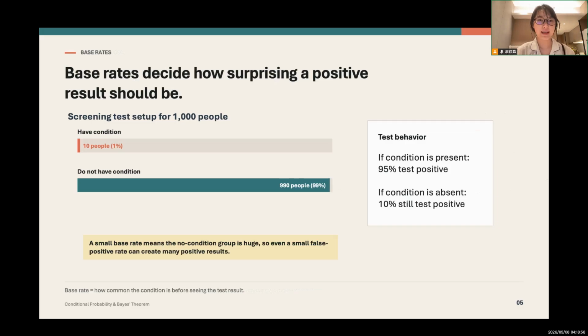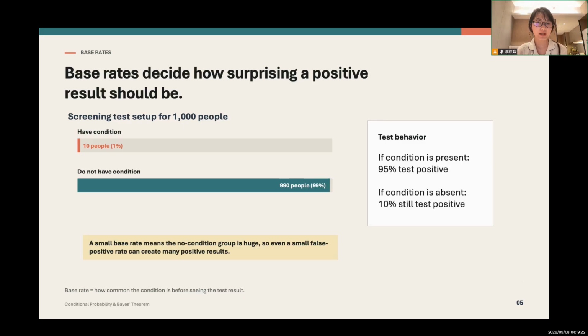Now suppose the test behaves like this. If someone really has the condition, the test is positive 95% of the time. This is called sensitivity. But if someone does not have the condition, the test is still positive 10% of the time. That 10% is the false positive rate. Here is the surprising part.